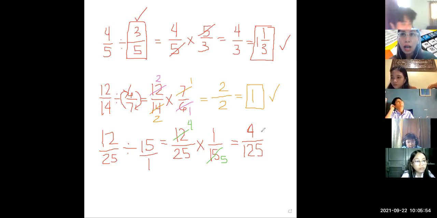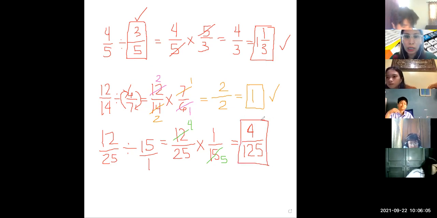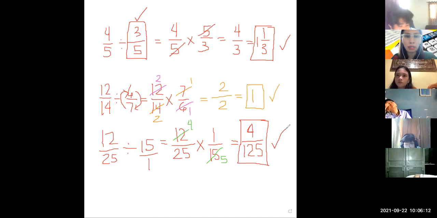Pag even and odd numbers, this time 4 and 5, 4 is an even number, 5 is an odd number, hindi. Diba? Yun yung unang-una. Kailangan even ba or even, odd ba or odd or even. So this time for number 3, the correct answer is 4 and 125.